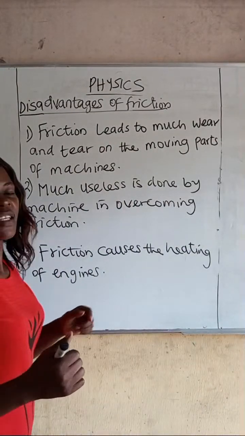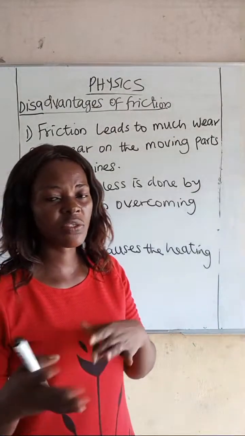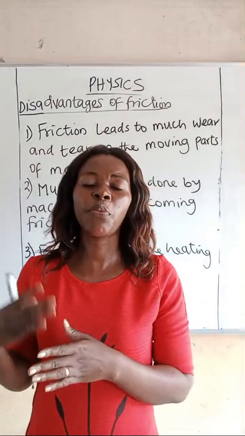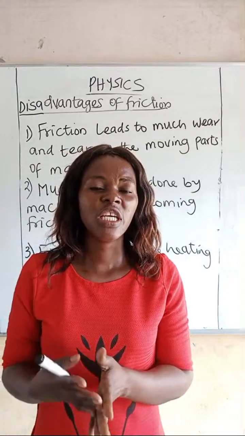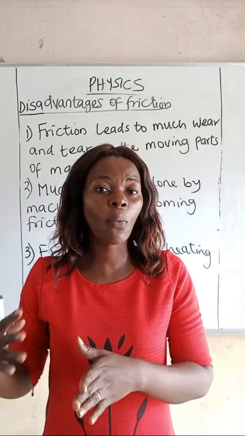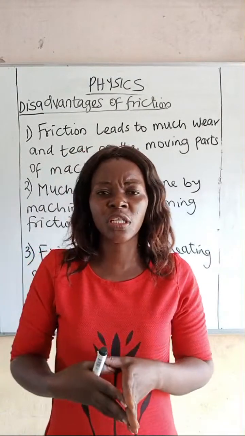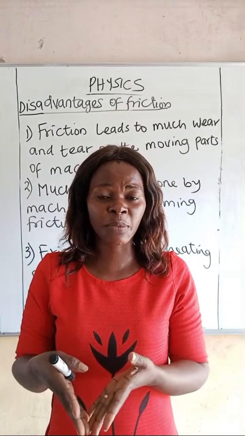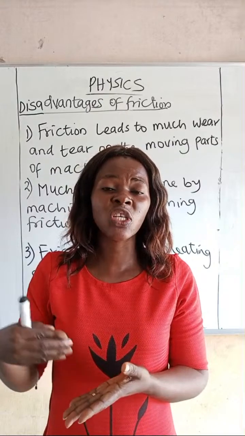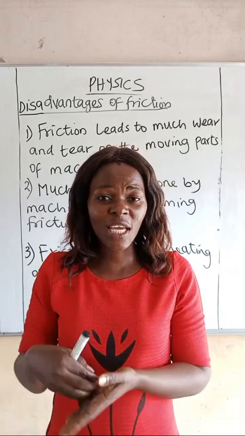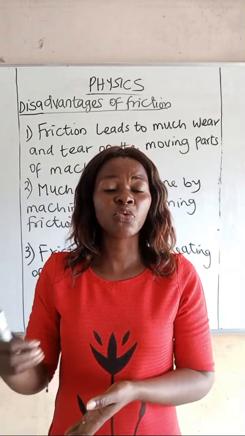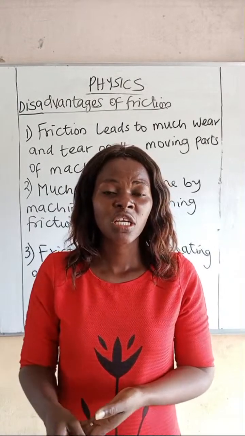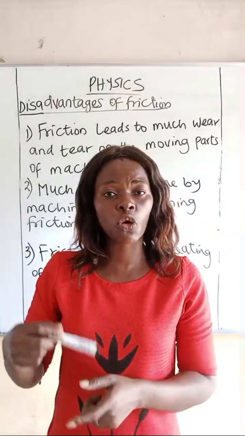Number two, much useless work is done by the machine in overcoming friction. Let me also use the seamstress for example. If you do not reduce the effects of friction, it can take you 2 or 3 days to sew one cloth because of the friction in the moving parts of the machine. So there is need for you to lubricate it. If you decide not to lubricate it, you will work tirelessly to sew a particular cloth.